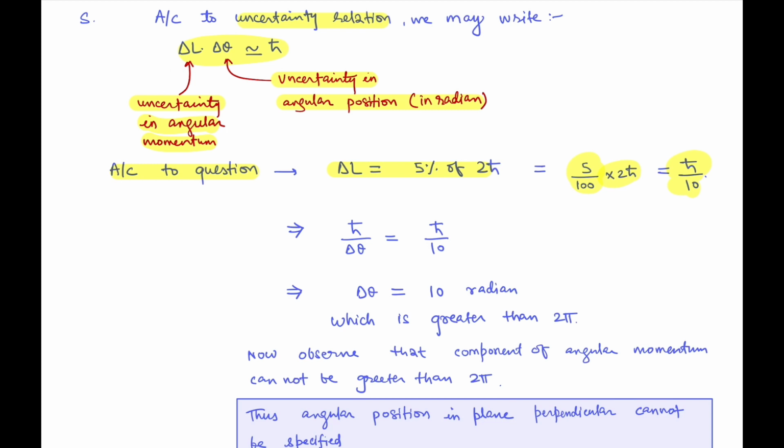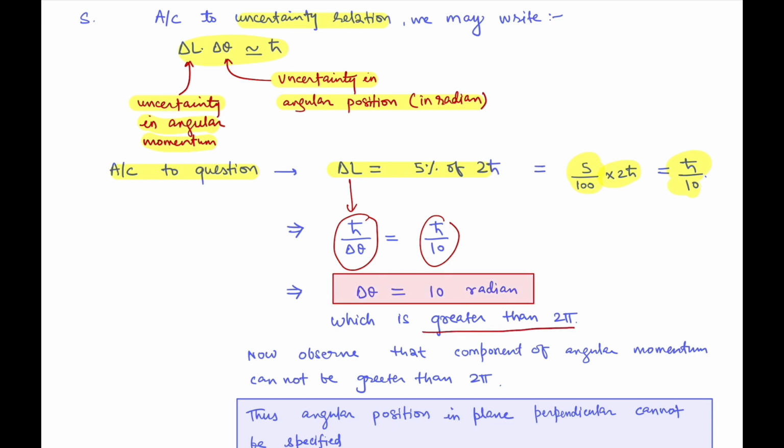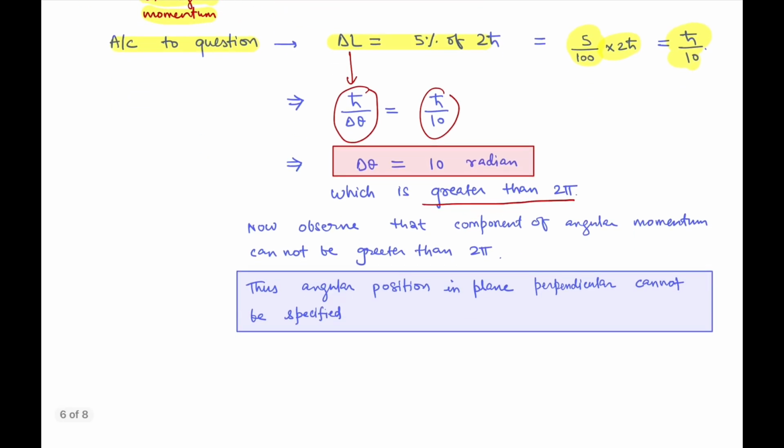And from the uncertainty principle, delta L is nothing but h bar divided by delta theta, and it is h bar by 10. So delta theta is 10 radian, which is greater than 2 pi. Now observe that the angular position uncertainty cannot be greater than 2 pi. This is the main idea. So the angular position in the plane perpendicular cannot be specified, as the question asked us to do.